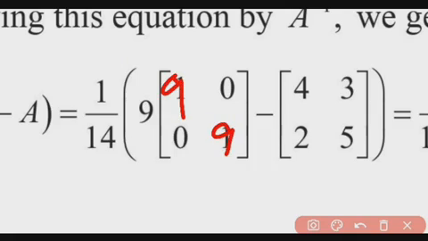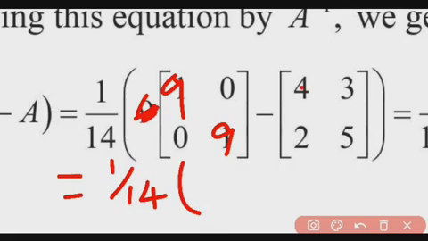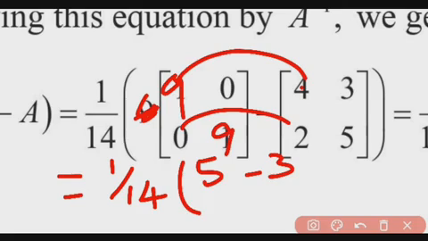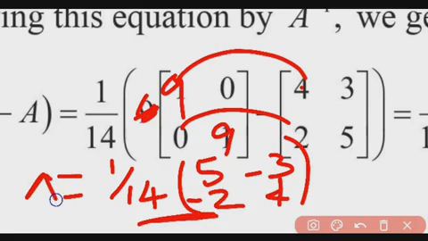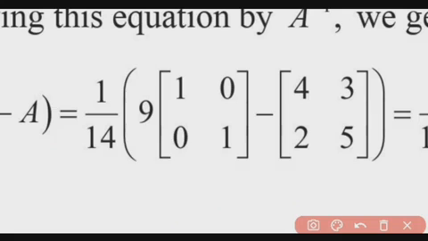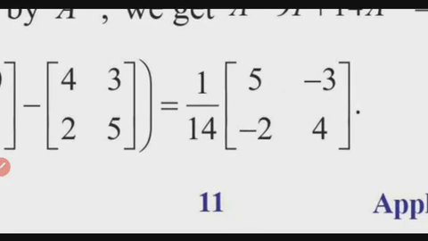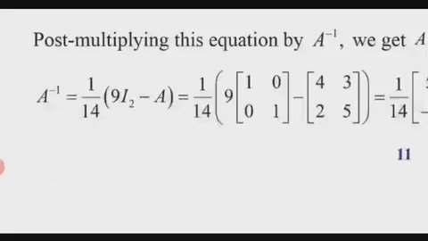So 9 minus 4 is 5. 0 minus 3 is minus 3. 0 minus 2 is minus 2. 9 minus 5 is 4. So this is the A inverse value. Okay, so this is the A inverse value: 1 by 14 into 5 minus 3 minus 2 4.